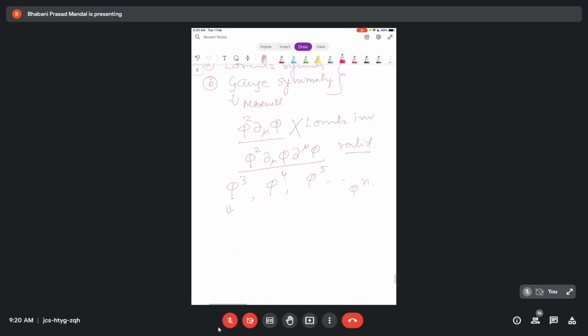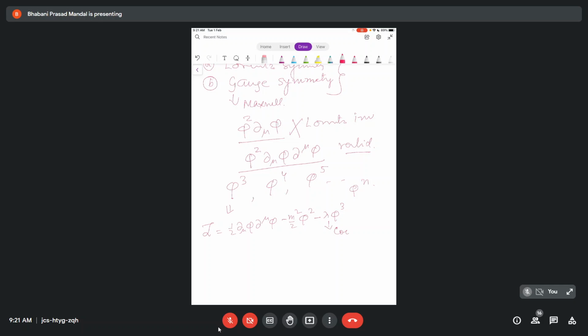So let us start. My Lagrangian will then be half del mu phi del mu phi minus m squared by 2 phi squared, and say I write plus or minus, whatever you want, lambda times phi to the power 3. Lambda is the interaction strength, or coupling.